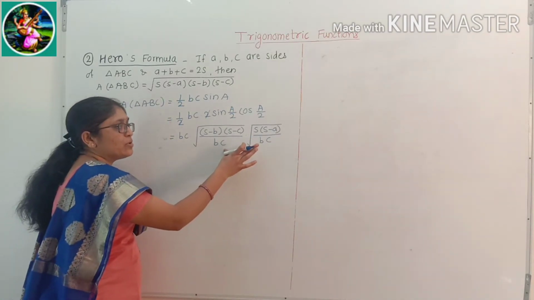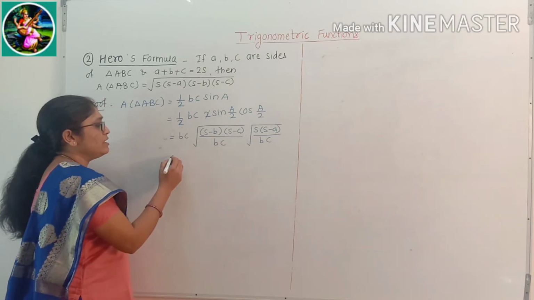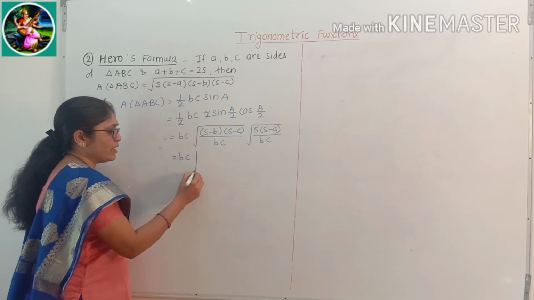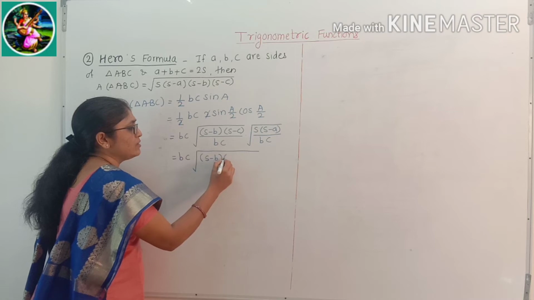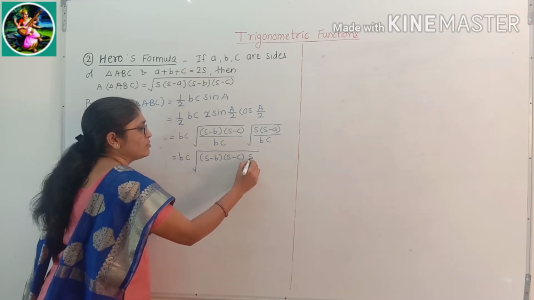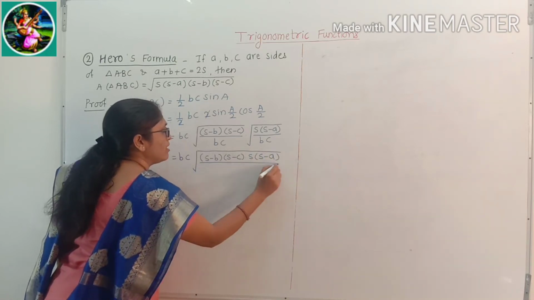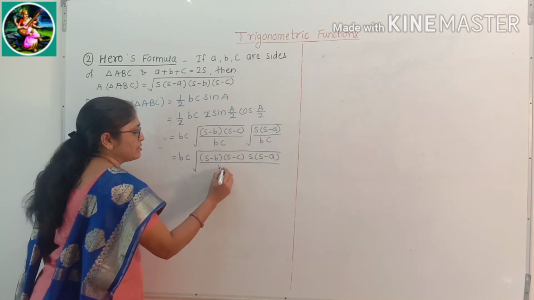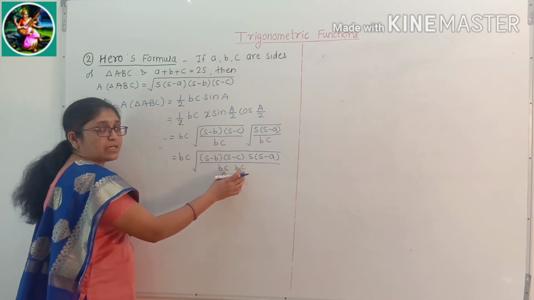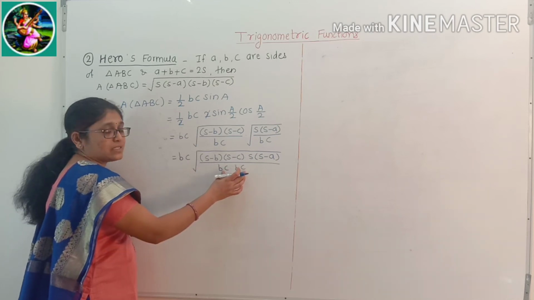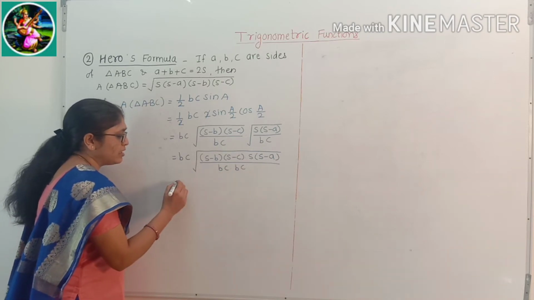Here we write BC into the square root of (s minus B)(s minus C)(s minus A) divided by BC into BC, that is BC square. Therefore, we take the square root of BC square, that is BC. Therefore, we take BC outside the square root.